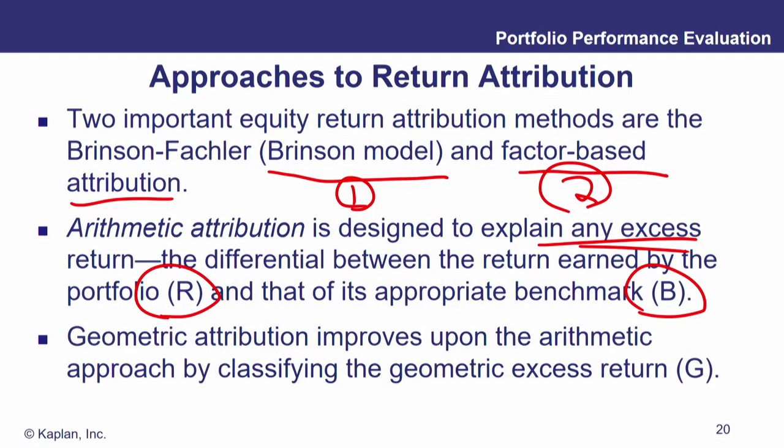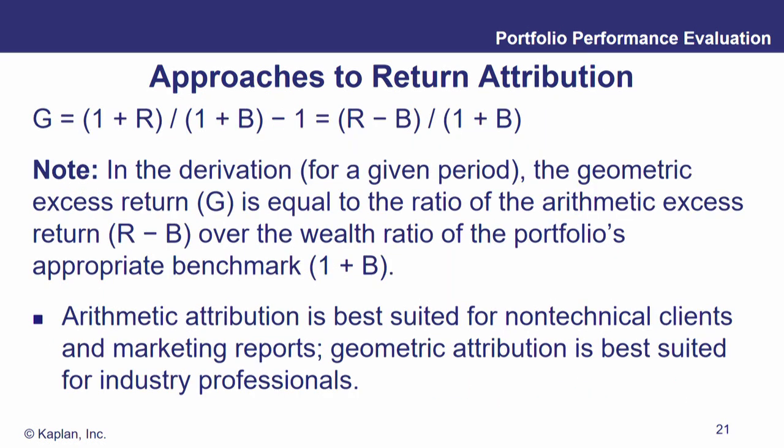Now, geometric attribution improves on the arithmetic approach, and it's going to classify using geometric excess returns. In the derivation above, the geometric excess return G is equal to the ratio of the arithmetic excess return, R minus B, over the wealth ratio of the portfolio's appropriate benchmark, or again, 1 plus B.